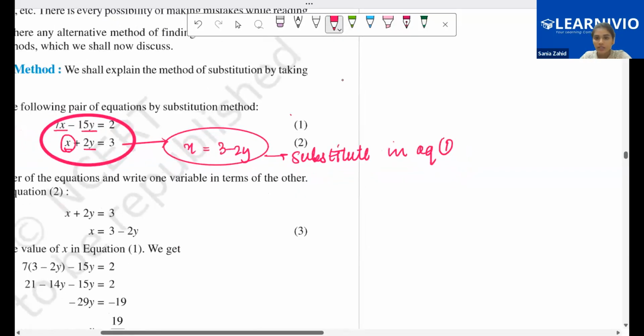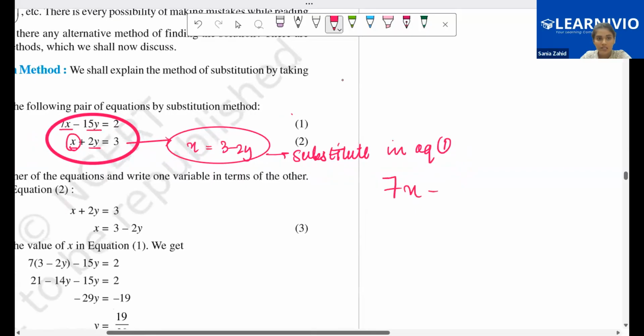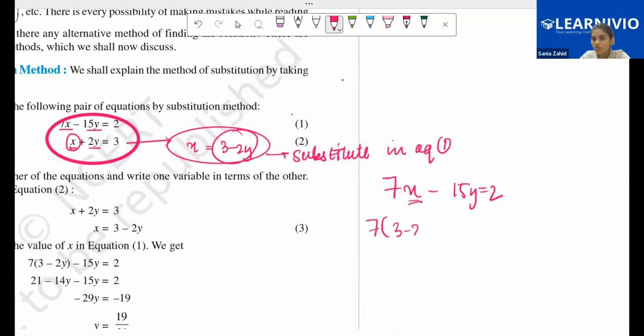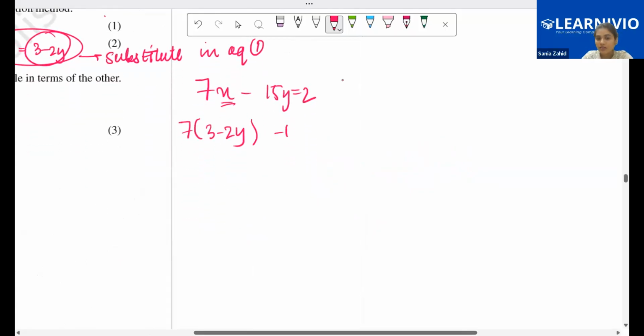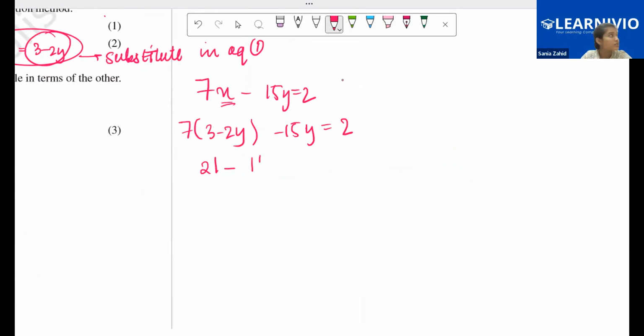So what do you have now? 7x minus 15y is equal to 2. This is my first equation. So instead of x, I will write 3 minus 2y. So I have 7 into (3 minus 2y) minus 15y is equal to 2. Now just solve this as we used to solve linear equations in lower classes. 21 minus 14y minus 15y is equal to 2.